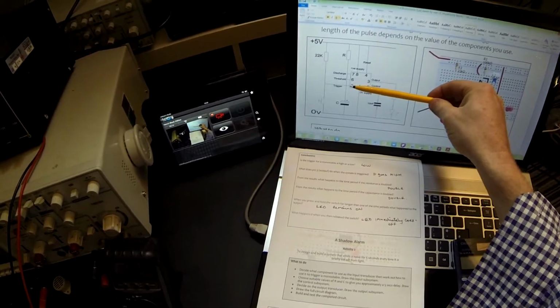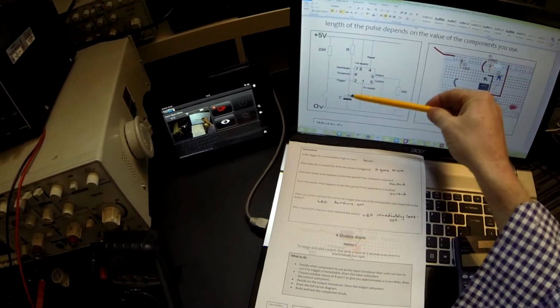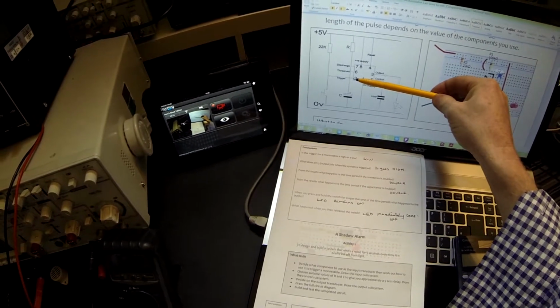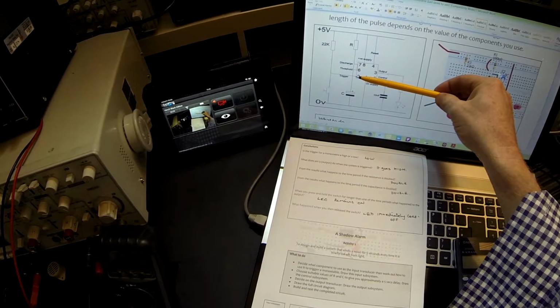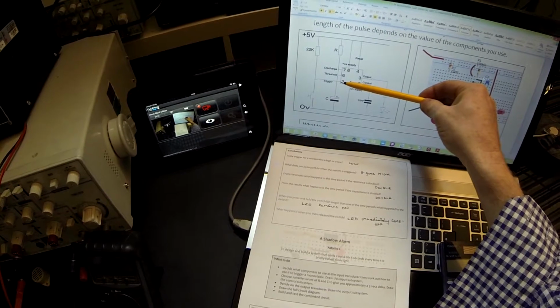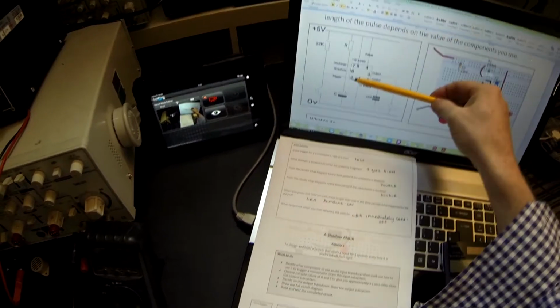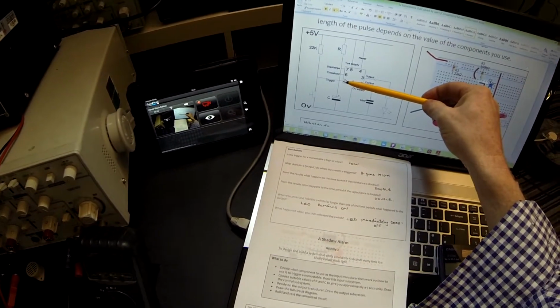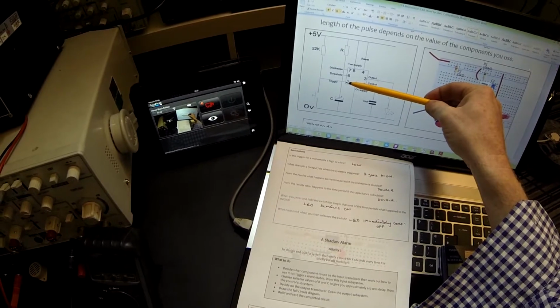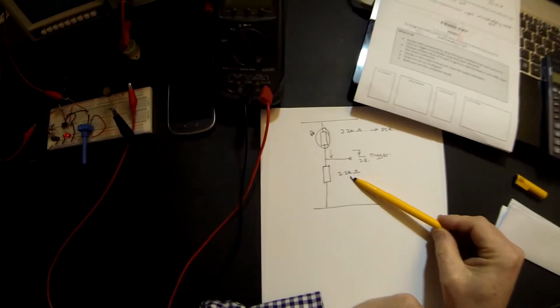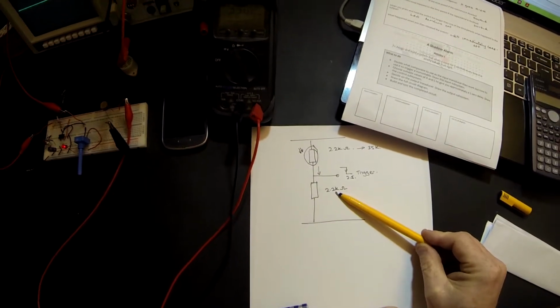So if we assume that that value there is above and below 2.5 on the trigger point, even though I know that it needs to drop to about a third of that voltage, so let's say 1.6 volts, just putting in a 2.2 k ohm resistor may or may not do it.